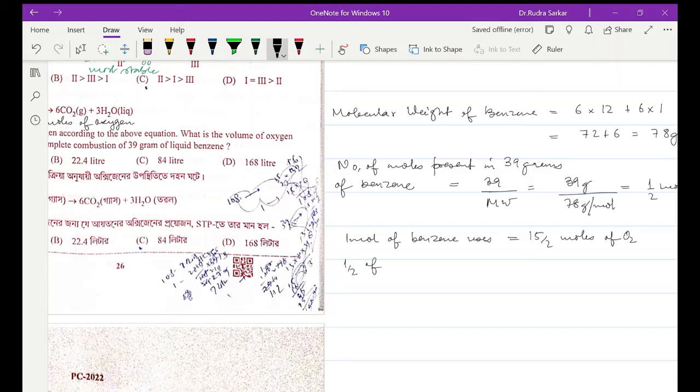Half mole of benzene uses 15 by 2 into half, that means 15 by 4 moles of O2. 1 mole of O2 occupies 22.4 liter at STP.